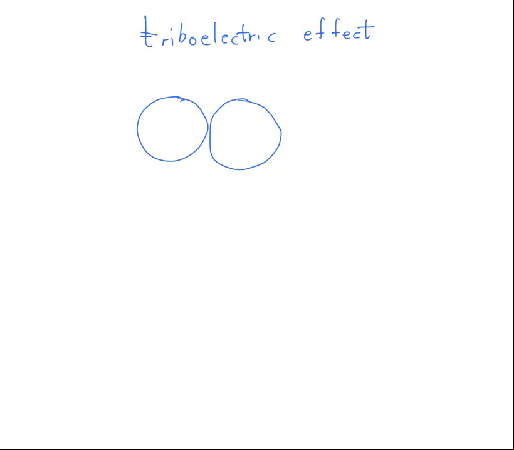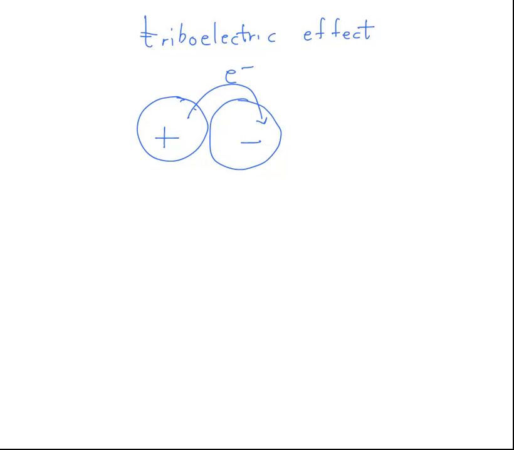The easiest way to charge a body is by using friction, or what is more correctly called the triboelectric effect. What is this triboelectric effect? When you take two bodies and rub them together, what you might see in some cases is that electrons are transferred from one body to the other, making this first body positive and the second body negative.